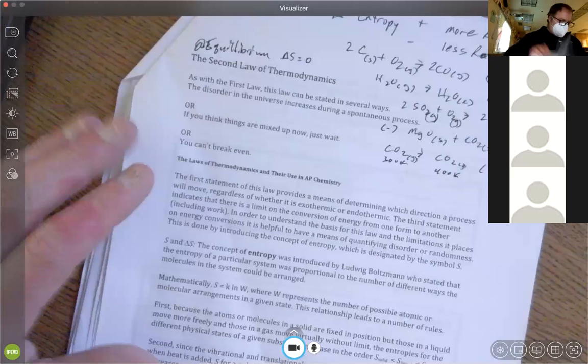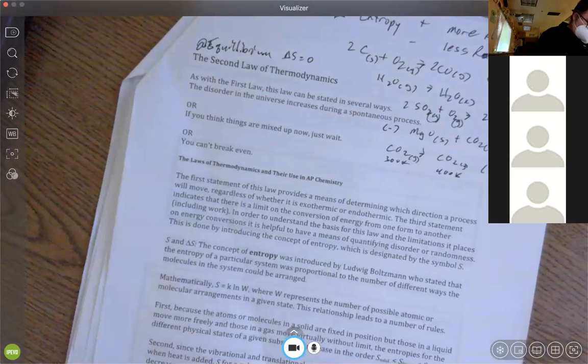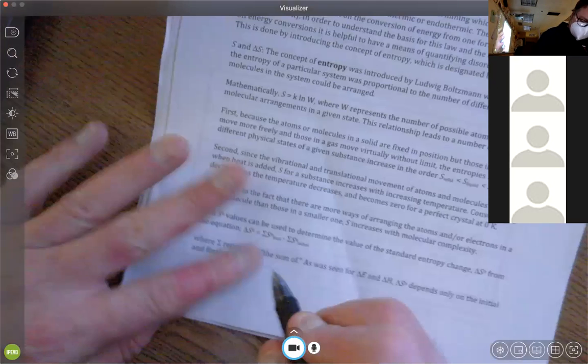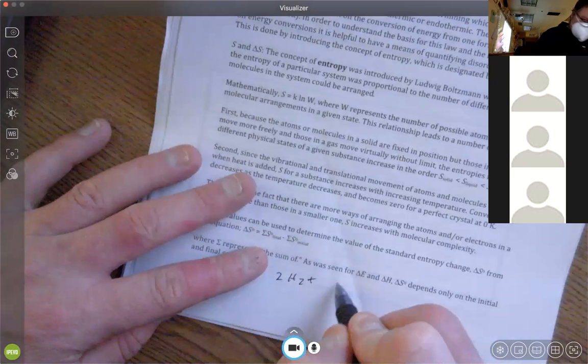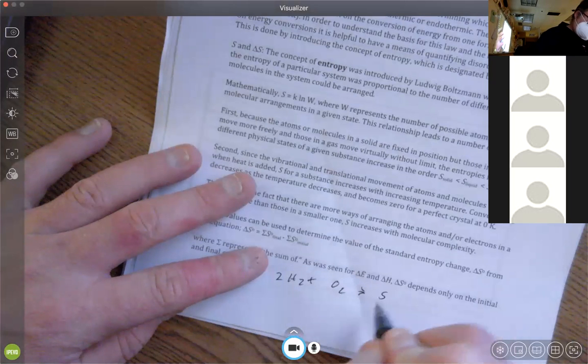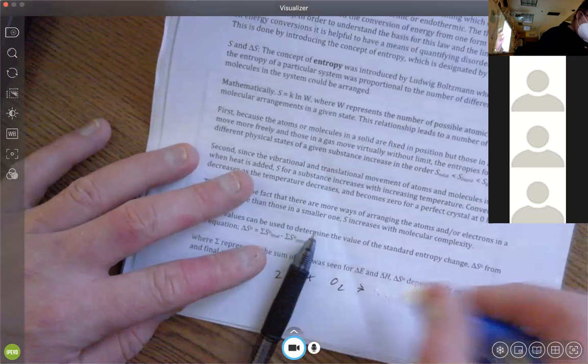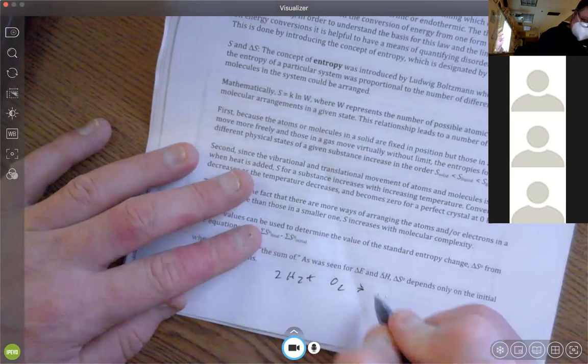All right, let's do one calculation of it. We have hydrogen and oxygen going to form H2O. All of these gases.